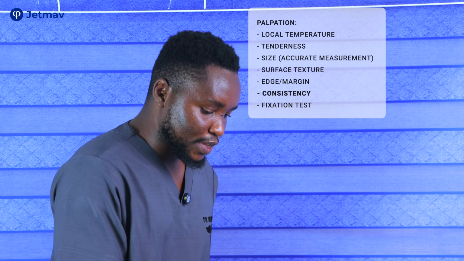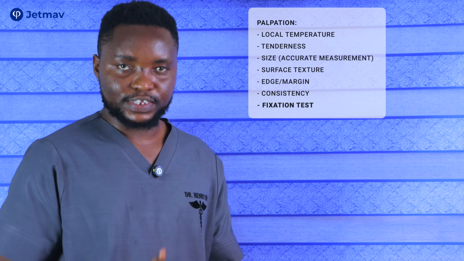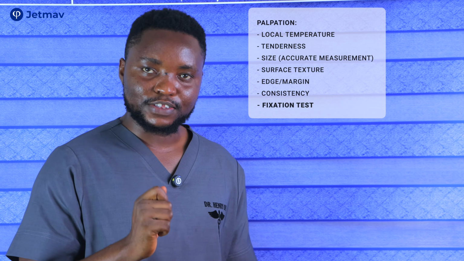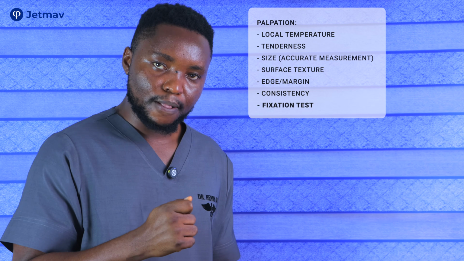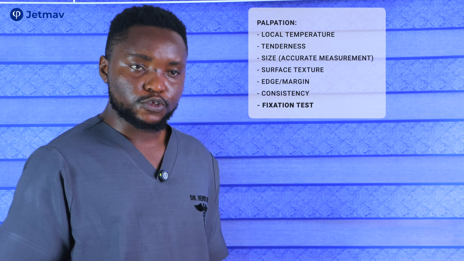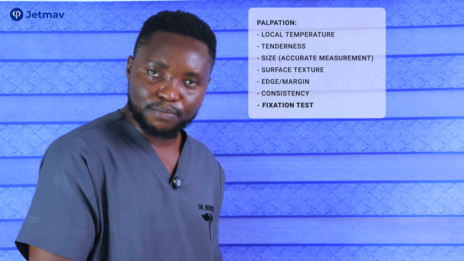So when you are done checking the consistency, the next set of tests we're going to perform are what we call the fixation tests, where we are going to check 3 things. First, we're going to check if the mass is attached to the overlying skin. Then we're going to check if the mass is mobile on its own. Then we're going to put the muscle under it, under tension, to see if the mass is attached to underlying muscle.